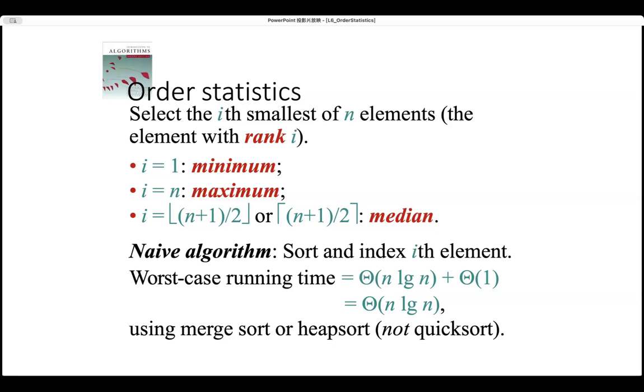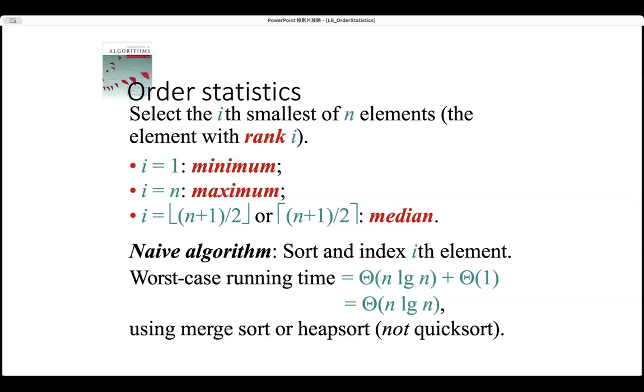You could assume that these n numbers are distinct, they are different, to make your intuition easier. So we want to find the ith smallest element, or the ith rank element, from these numbers.